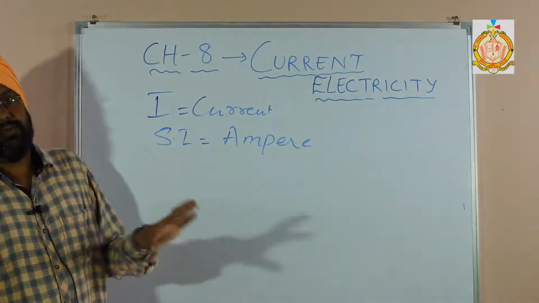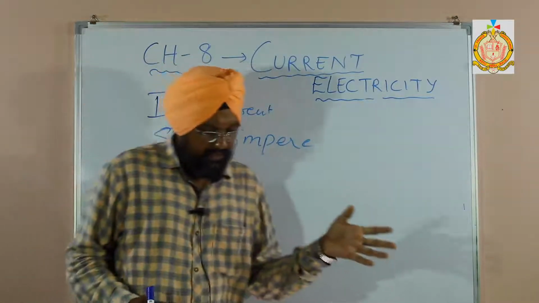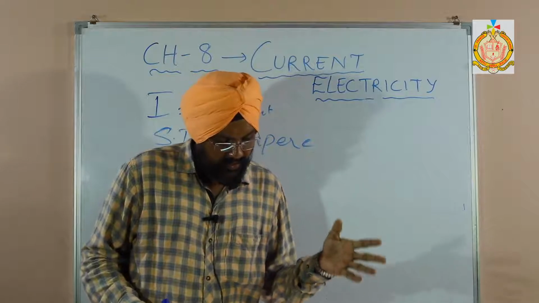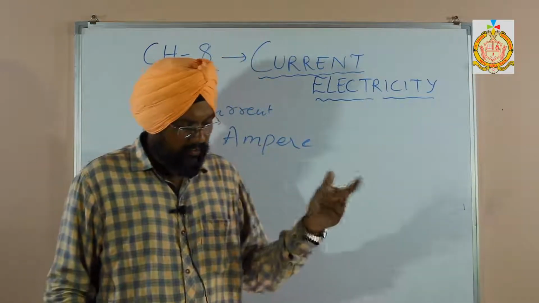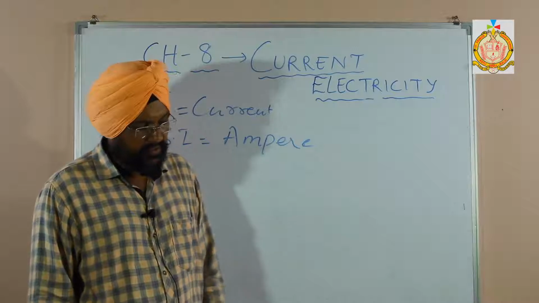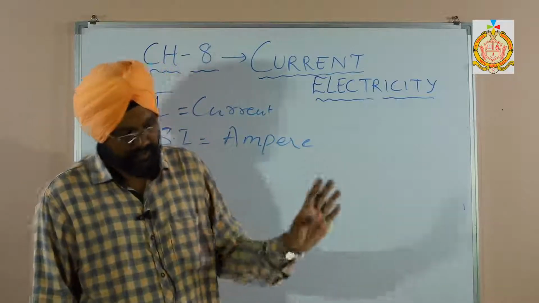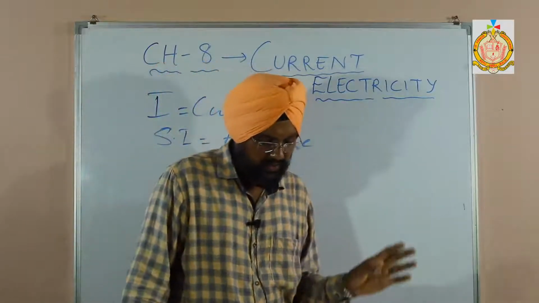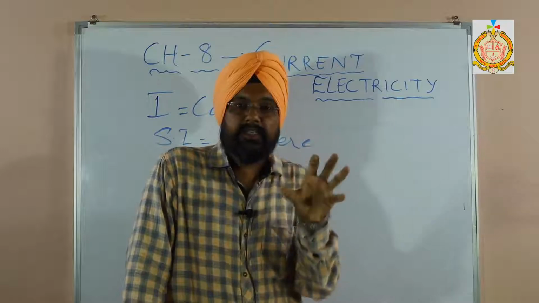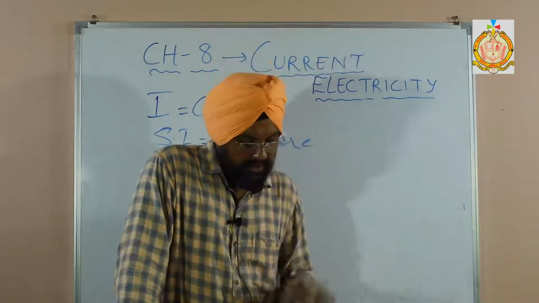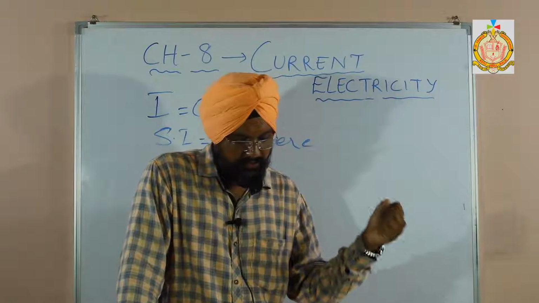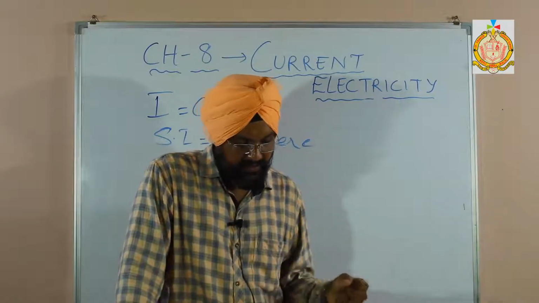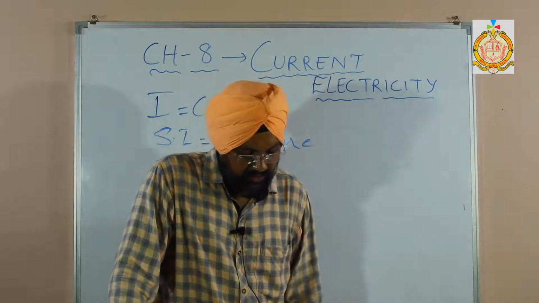How can current flow in metals, electrolytes, and gases? In metals, the charges are free, and free charges constitute the current. In electrolytes and ionized gases, both positive as well as negative charges constitute the current.